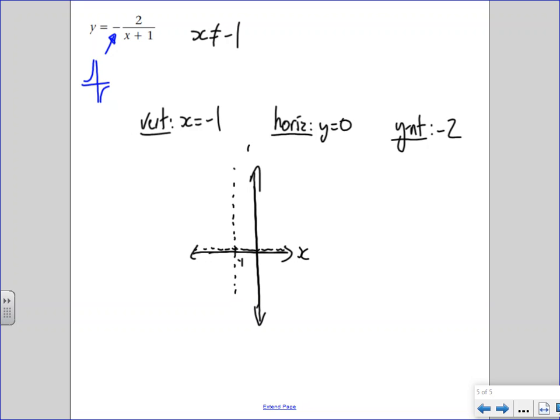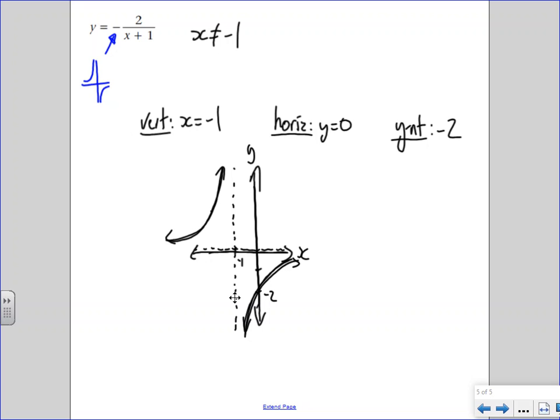Should probably label my axes. And so the other point is I need to make sure that my y-intercept is also there. So if that's my negative 1, that'll be negative 2. And then going through maybe something like that. Making sure it looks nice and symmetrical. So something like that.